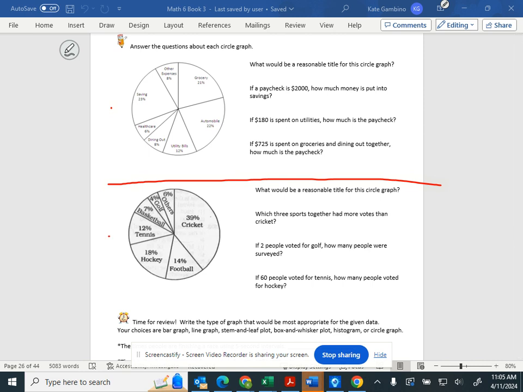You might have to do multiple steps to find the answers. Think about what we did on that first page. You are given all the information you need, but you might have to do different things with that information. Sometimes it's really easy questions. Sometimes we have to do multi-steps. Don't forget to do the review at the bottom.